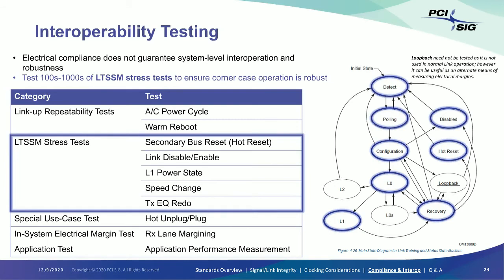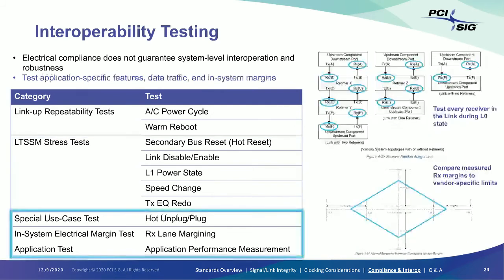We don't highlight loopback in this group of tests because it's not commonly used in normal link operation, but it's obviously a useful alternate means of measuring the electrical margin. Again, this grouping of tests is more a common industry practice, but they aren't exhaustive or part of any sort of determined compliance.